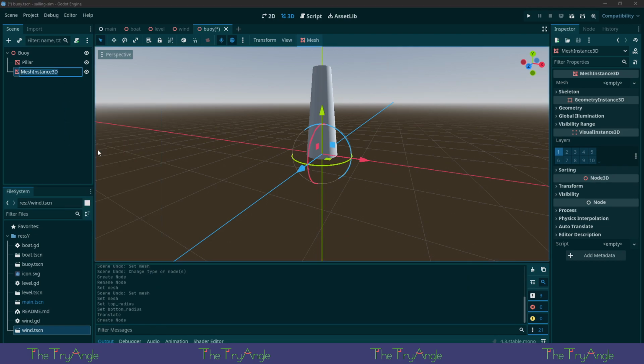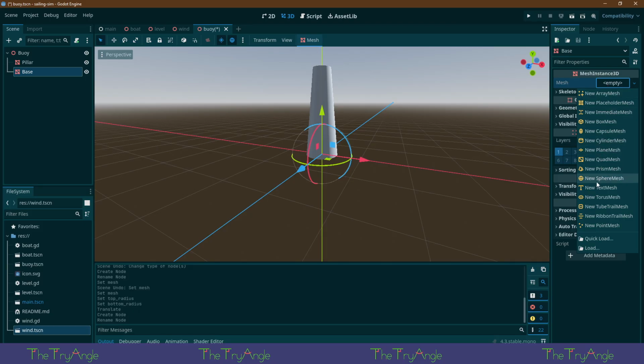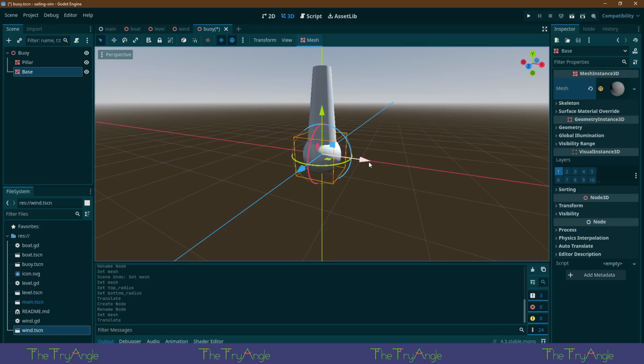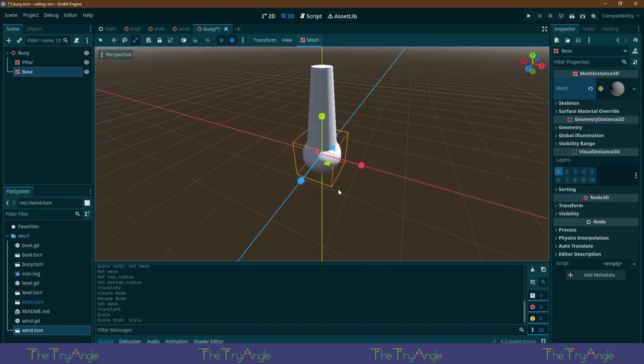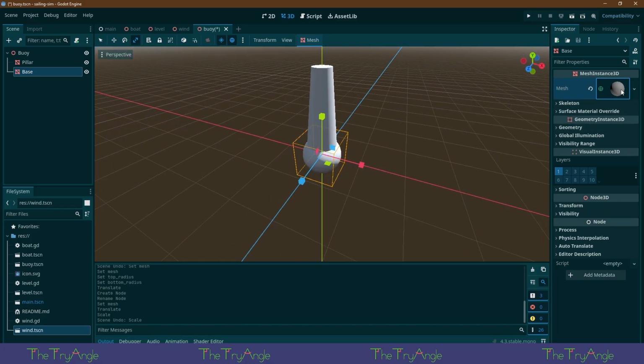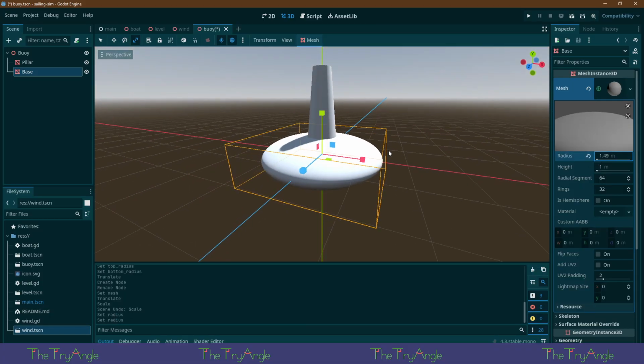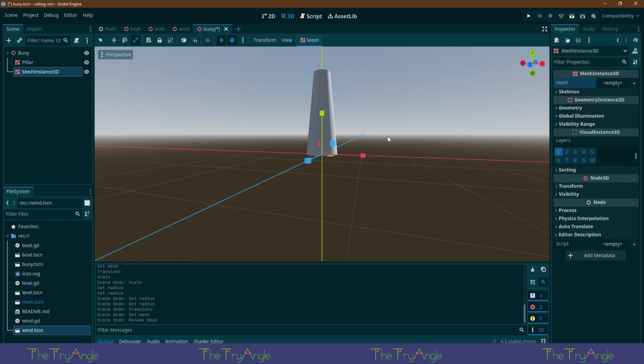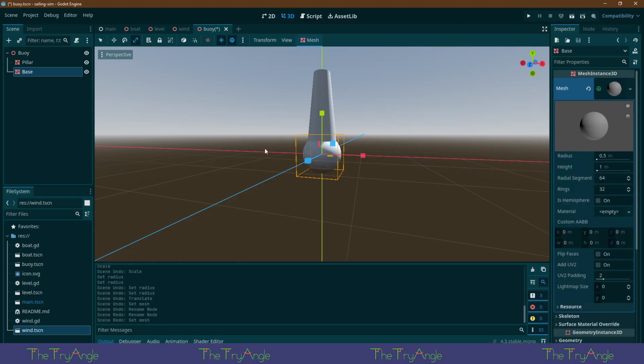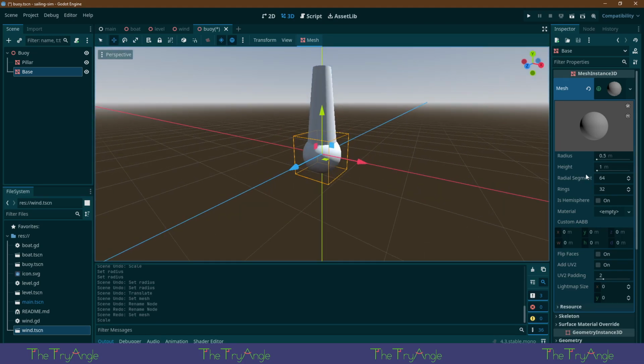And I'm just going to call this the base, because I don't know what else to call it. All right. How do I make the whole thing bigger? Probably this. Whoa. All right. Okay. Yeah, radius 1.